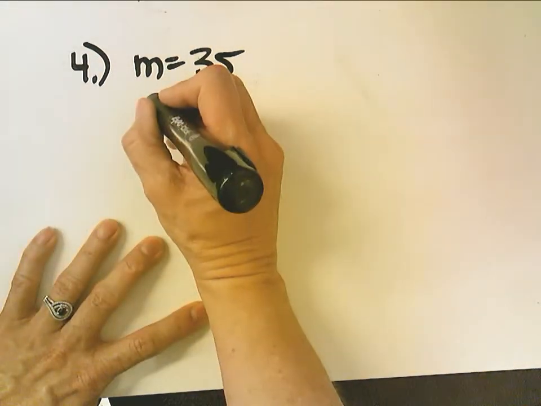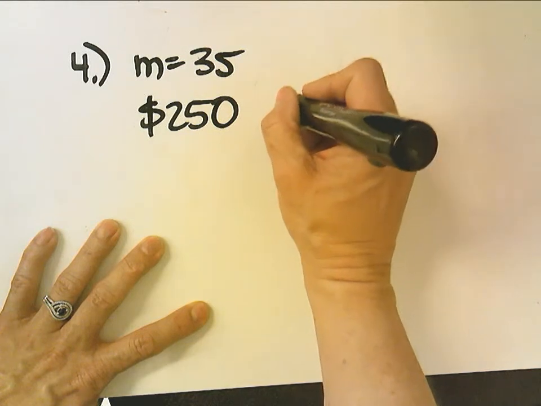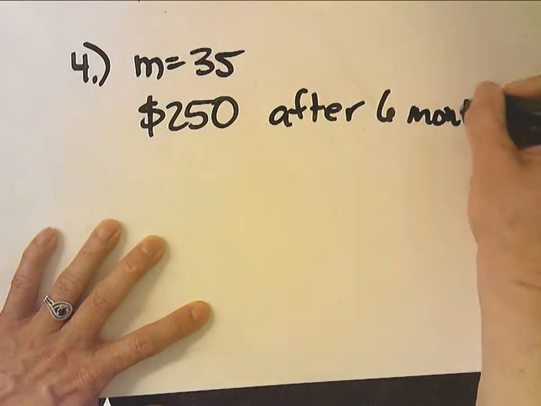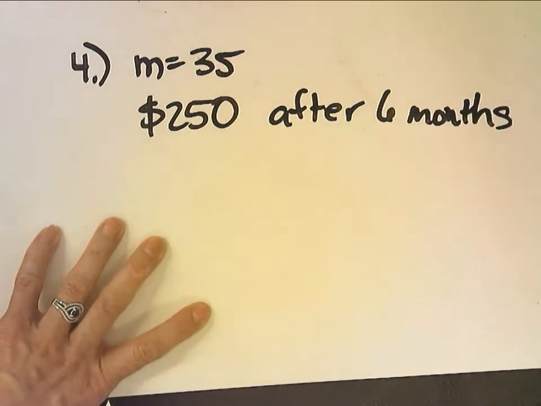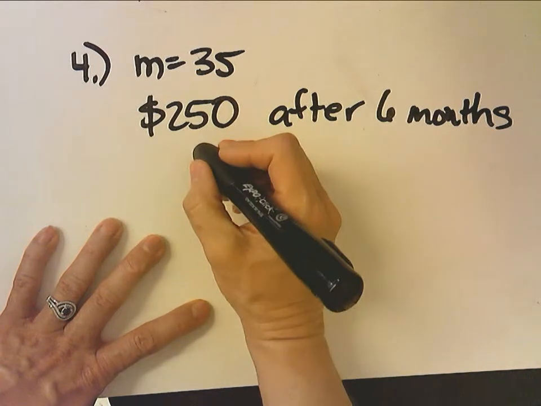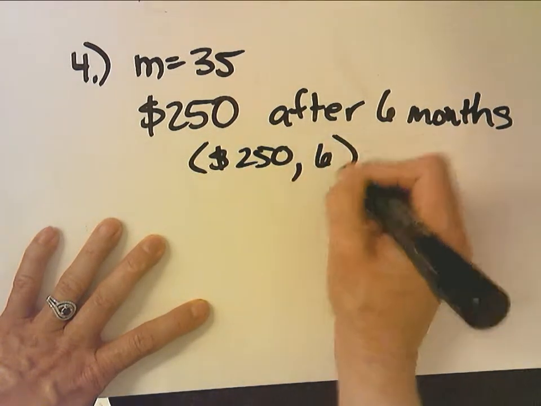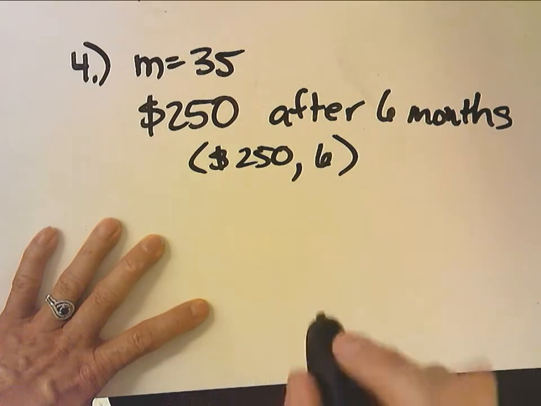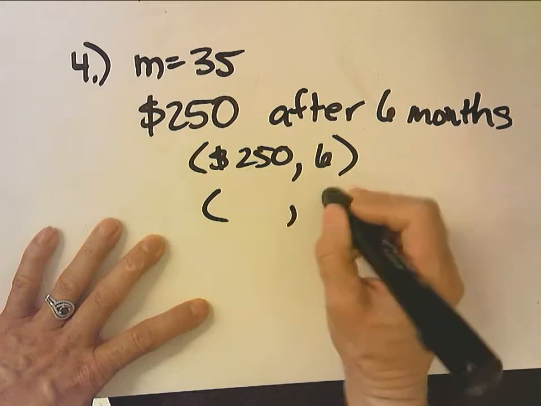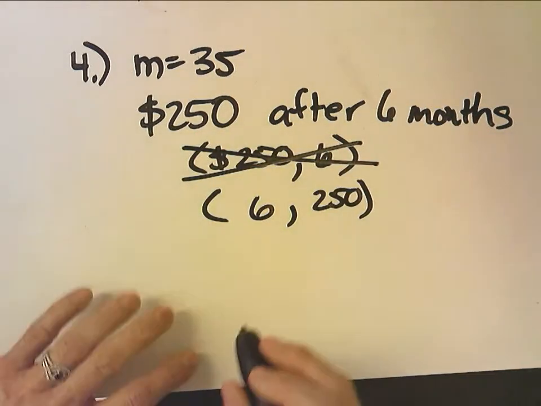But then it says somebody paid $250 after 6 months. So they're giving me the total cost for 6 months. What they're really giving me is a point. Now, could I just make my point 250, 6 and move on my way? No, because we know total cost is always y. So my point has to be 6, 250.